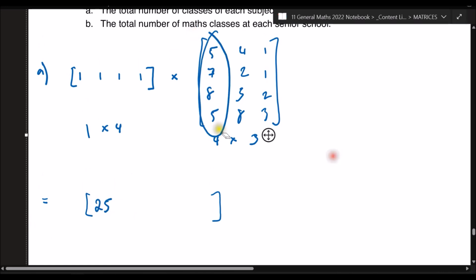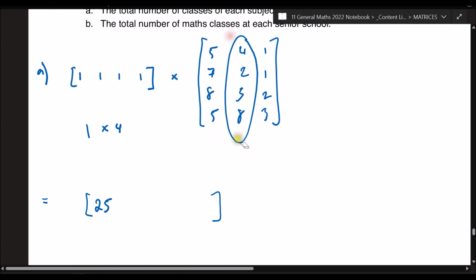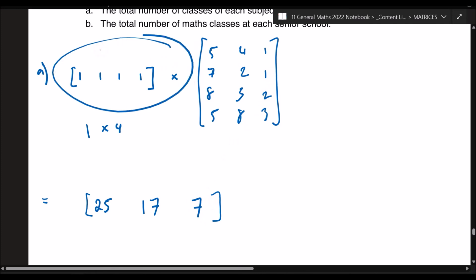This one here, 4 plus 2 is 6, plus 3 is 9, plus 8, 17. And then the last one, 1, 1, 2, 3, that's 7. There it is, easy. Not a lot of working out involved, but you at least have to show that you understand that it's a summing matrix of some sort.